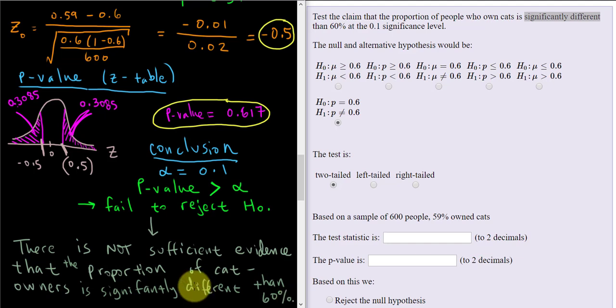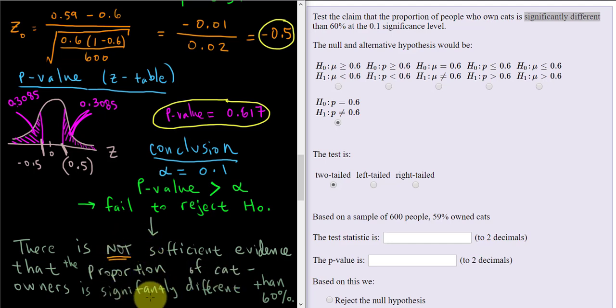If our conclusion was completely different, let's suppose our conclusion supported a rejection of the null hypothesis, I would just wipe out this one word that I'm underlining here.